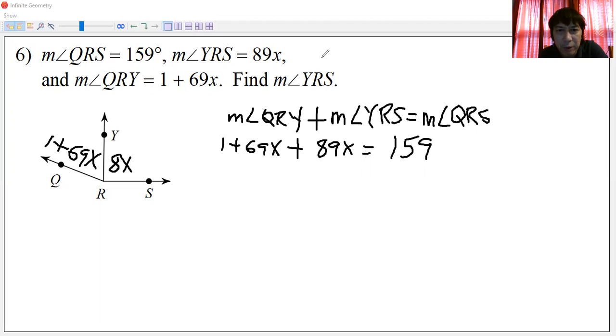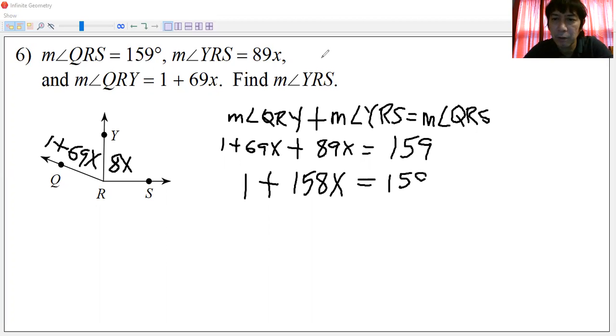So we have something like 69x plus 89x. All right. Combining like terms, 69x plus 89x, that's 158x. And we still have the plus 1 over here. There. And then this is equal to the right side, 159.